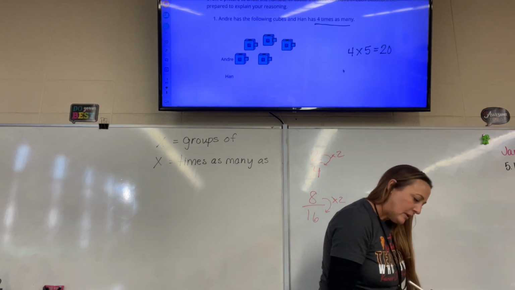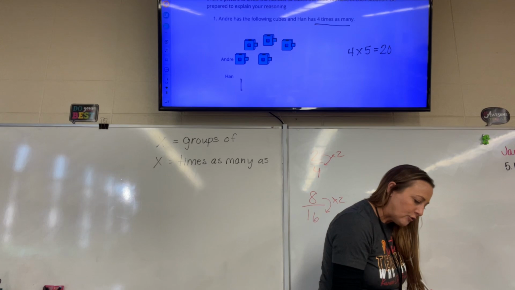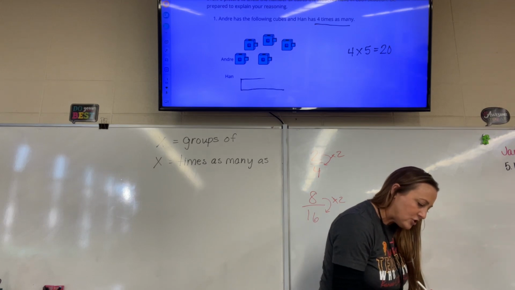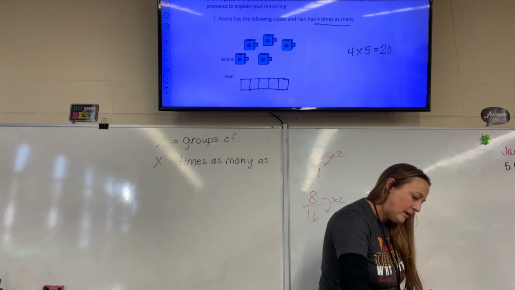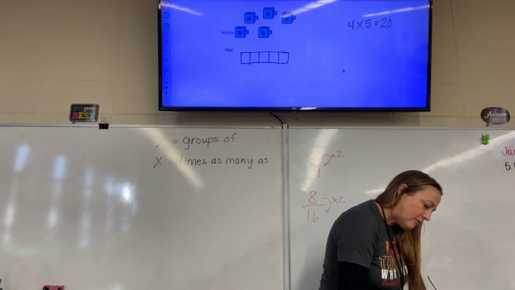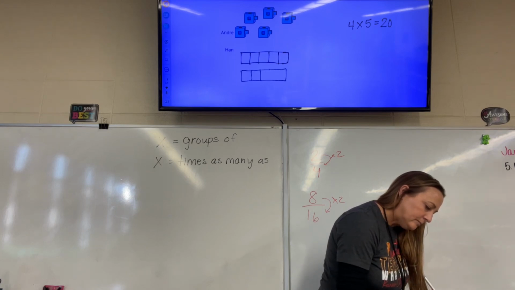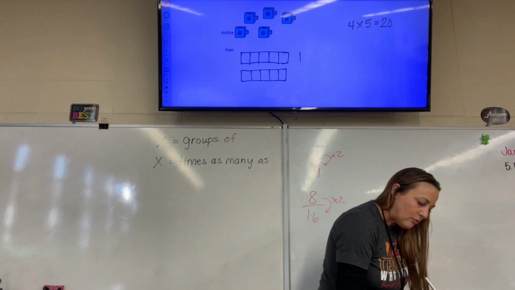All right. So we're going to draw 4 groups with 5 in each. So I'm going to go 1, 2, 3, 4, 5. That's one group of 5. Now I've got to go 2 groups of 5. 3 groups of 5.